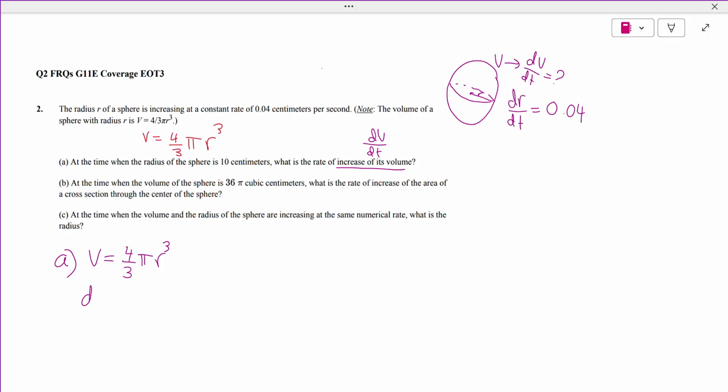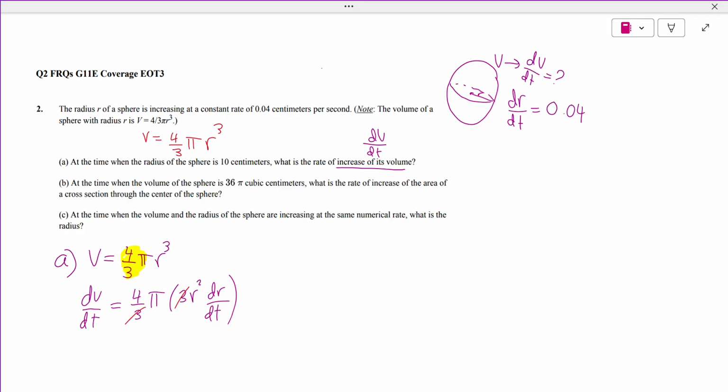So this is dv over dt equals, this amount here is constant, so just leave it in front, it's a coefficient, 4/3 pi. Now what's the derivative of r cubed? It will be 3r squared dr over dt. We can cancel the 3 and this 3.